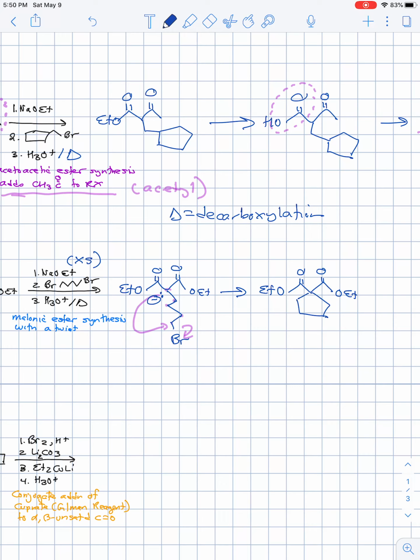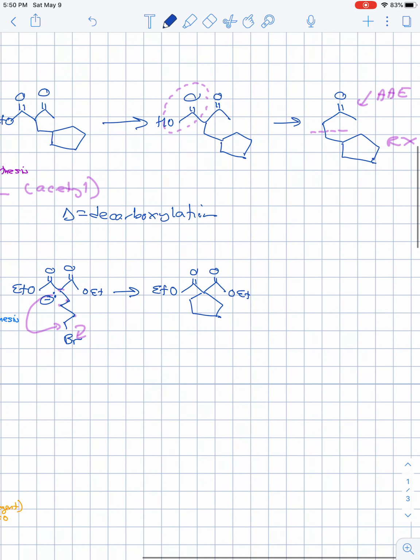So that gives us that compound. And now when we decarboxylate that, well, hydrolyze and decarboxylate, we're going to lose one of these two carboxylic acid groups, and we'll be left with that compound, plus, of course, CO2.